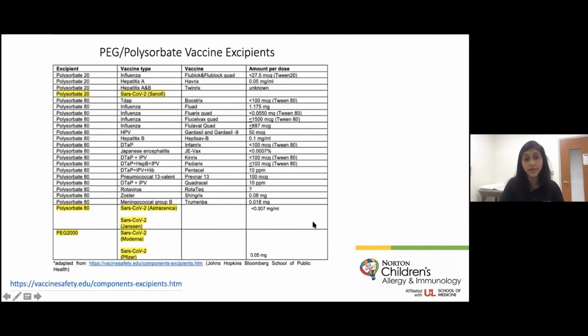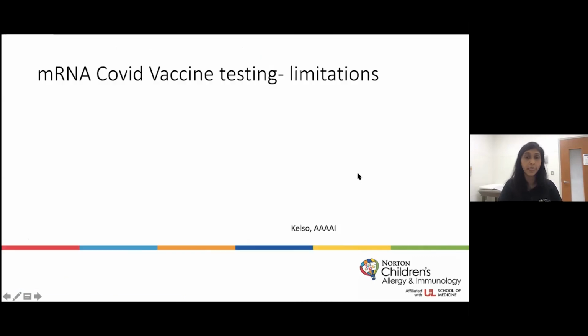So chances are your patients have been exposed to it already. And then as you can see, I've highlighted PEG or polysorbate is present in all of the available SARS-CoV-2 vaccines, including Johnson & Johnson as well.